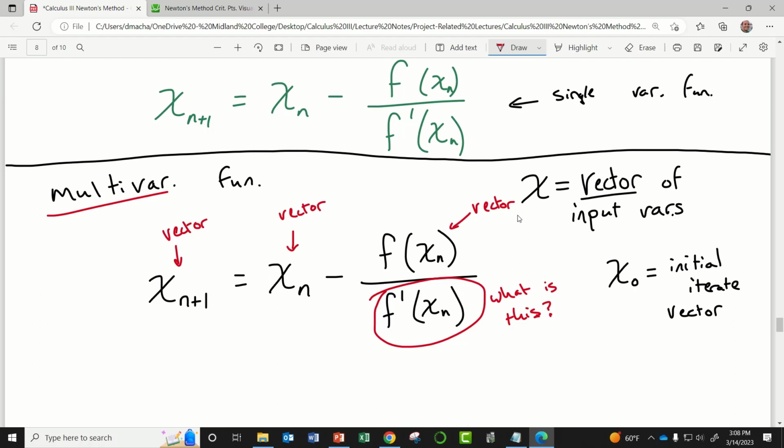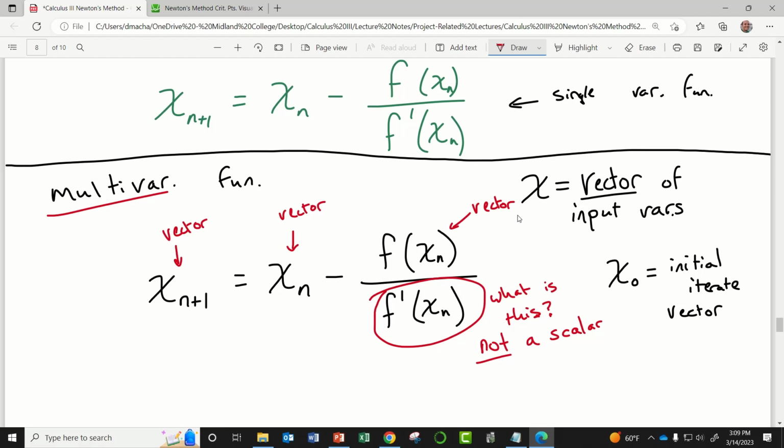But in that case, what would that scalar be? If you take the derivative of a function, you need to be taking the derivative with respect to some variable. It doesn't really make sense to take the derivative with respect to a vector. You could take the directional derivative, but this is just not ideal. Really, what I'm trying to say is a scalar isn't going to be able to contain enough information to really guide our multivariable function Newton's method in the right direction.